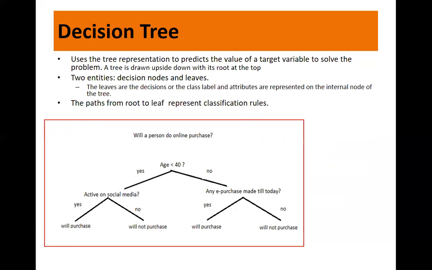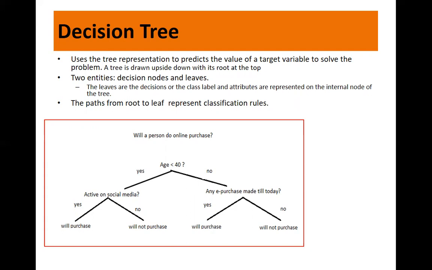So here we have a simple example of a binary classification, because you have only yes or no. Let us say we want to predict whether a person will do online shopping or not. What is the data given?